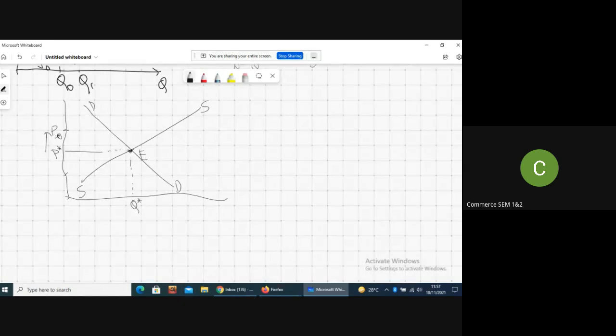And what is the amount of supply at this P0 price? This distance from the supply curve. That means this distance is the extra amount of supply of samosa if the price is higher than P star.